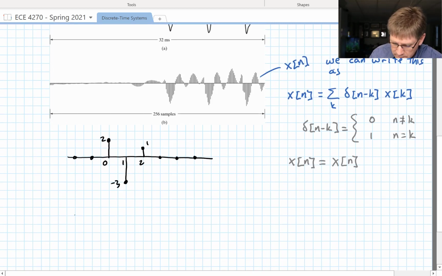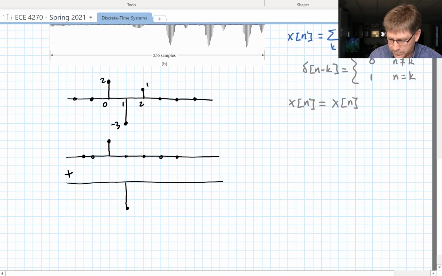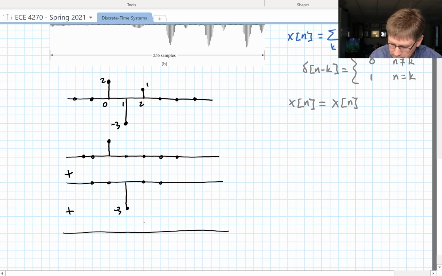Well, we could write this graphically as 2, with all the rest of these zeros, and add to that minus 3, and a bunch of zeros everywhere else, and add to that our 1 in the correct spot with zeros everywhere else.